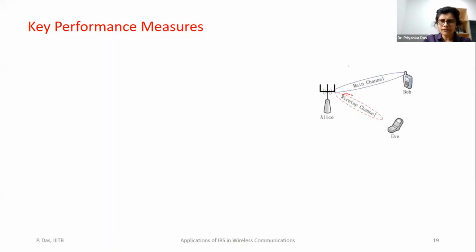If I talk about Shannon capacity, we have C equal to log base 2 of 1 plus the SNR of the main channel. So I can write C_M and C_W, where for the wiretap I use log base 2 of 1 plus the SNR of the Eve channel. This is my basic math.